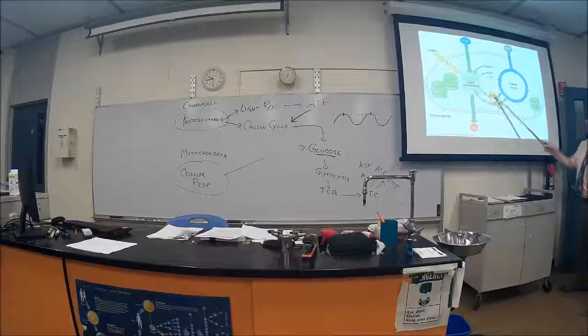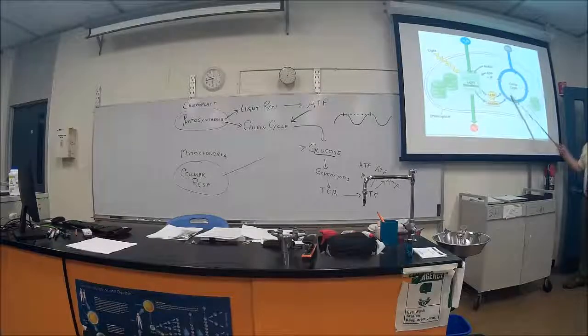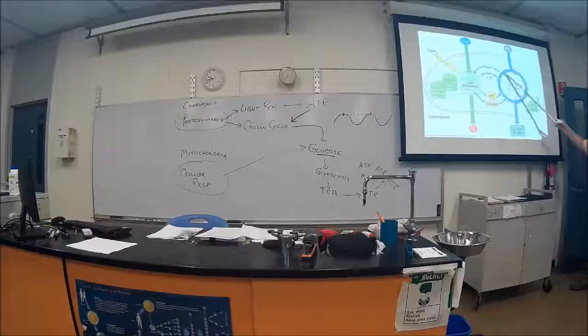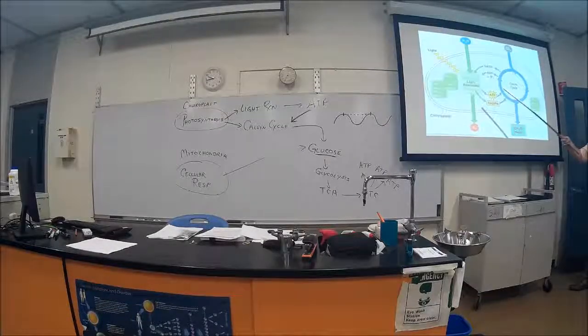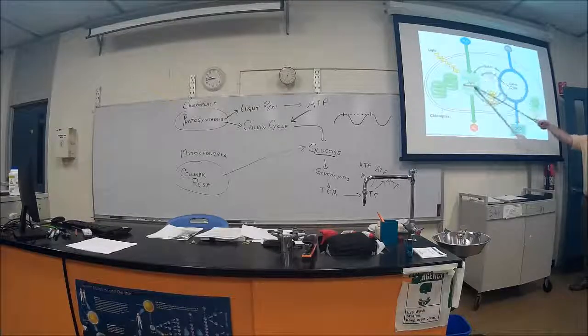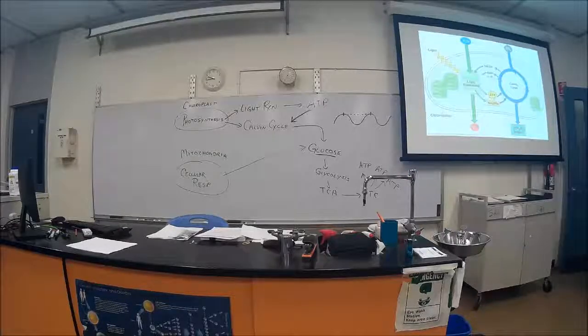It needs ATP and NADPH to run that. When it goes through that, the NADPH is going to get oxidized, the opposite of reduction, back to NADP plus, and that gets fueled into the light reactions again.